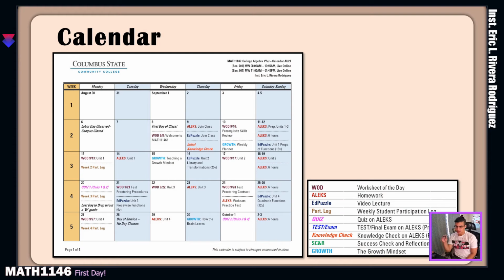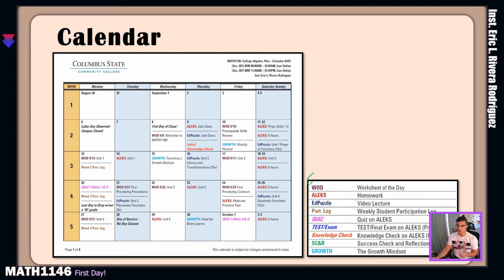Another thing that you have in Blackboard is the calendar. Very important, the calendar. I have prepared our calendar. I tried to put it in the nicest way, using bright colors, to guide you and let you know what type of assessment or assignment is due that day. So you see what is for workshop of the day.